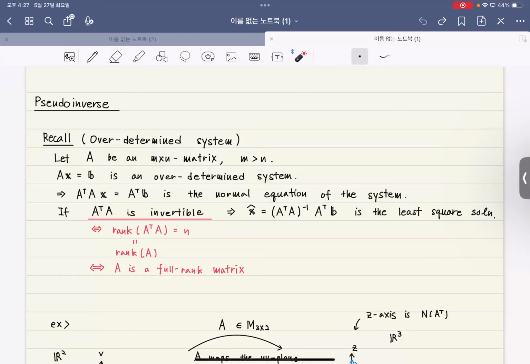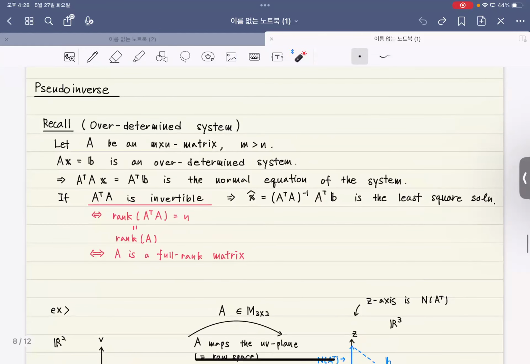The pseudo inverse is precisely that inverse, the inverse between the row space and the column space. I will try to explain from now on. This is a little motivation for the pseudo inverse.